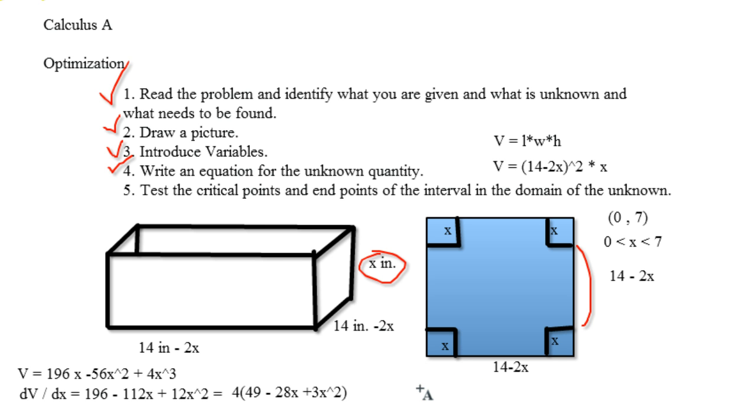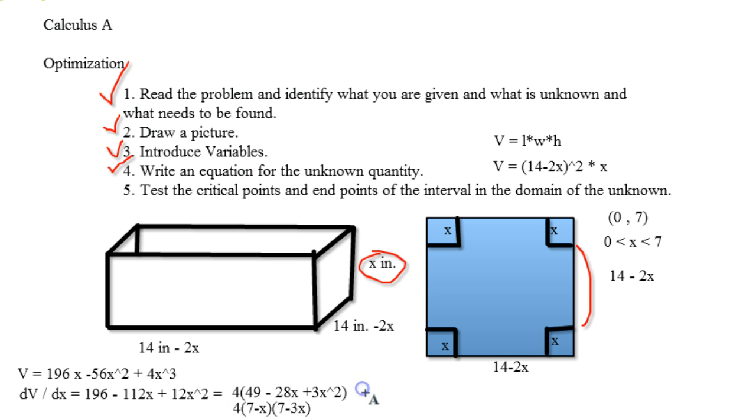Now we would have to factor it and work it out across. When you get done factoring using the AC method, you're going to have 4 times (7 minus x) times (7 minus 3x).